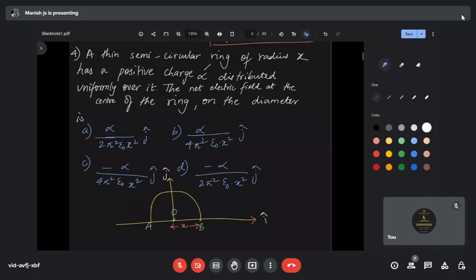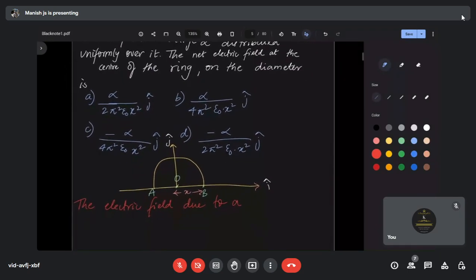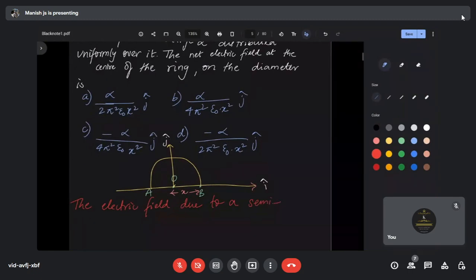It is not B. So electric field due to a semicircular ring அப்படின்னு சொல்லியே you have a formula. அது சொல்ல முடியுமா? ஞாபகம் இருக்கா? What is the electric field due to a semicircular ring having uniform charge distribution?